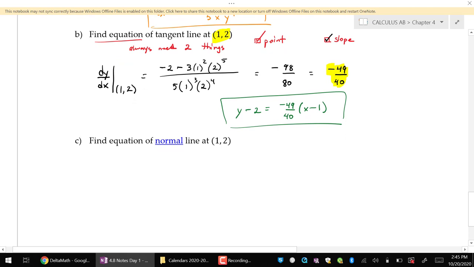Normal just means perpendicular in mathematics, and perpendicular slopes have opposite reciprocals. So I want the same ordered pair, 1, 2, so y minus 2 equals, but now I want the perpendicular slope. So rather than negative 49 over 40, we're going to take the opposite and the reciprocal. Positive 40 over 49. That's the perpendicular slope, or the normal line.